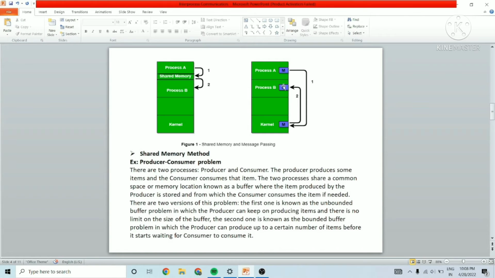Then PA communicates with PB, not directly but through the kernel. So it is communication, means message passing. With message passing, P1 communicates with P2, or we can say PA communicates with PB.